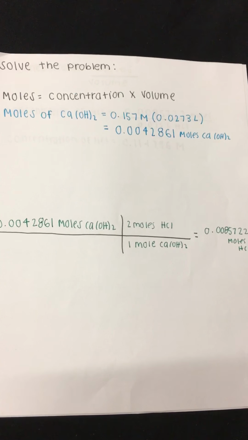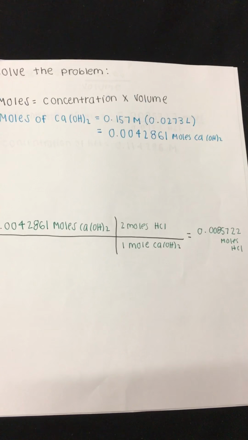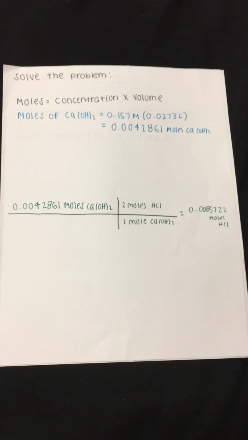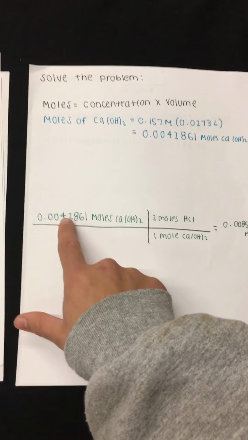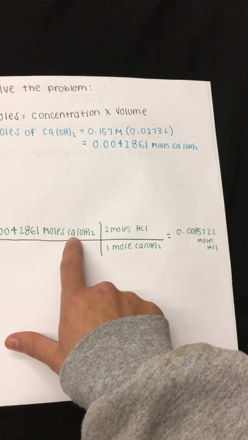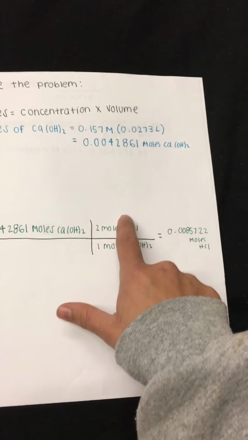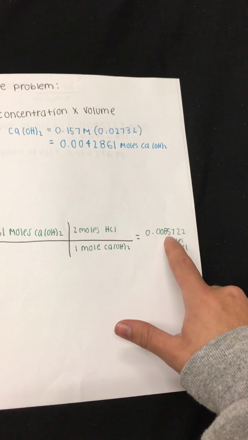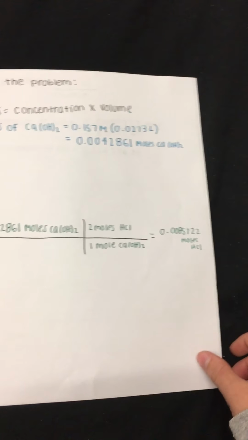We will now use the moles of calcium hydroxide and stoichiometry to find the moles of hydrochloric acid. We start with 0.0042861 moles of calcium hydroxide, and we use the mole-to-mole ratio to find that there are 0.0085722 moles of hydrochloric acid.